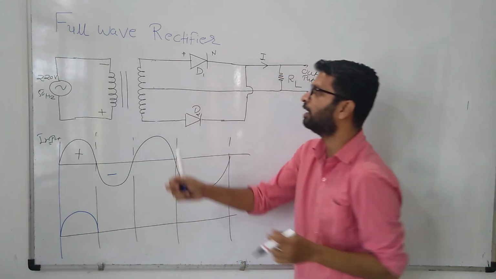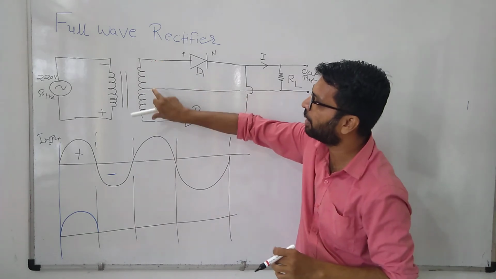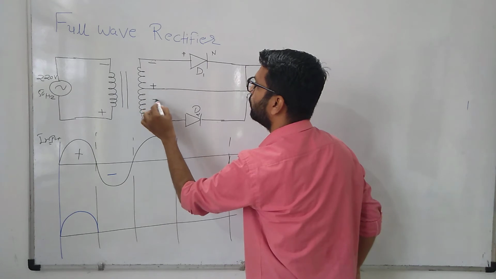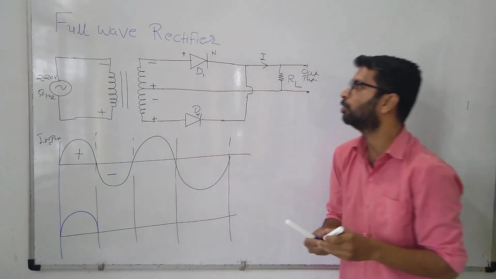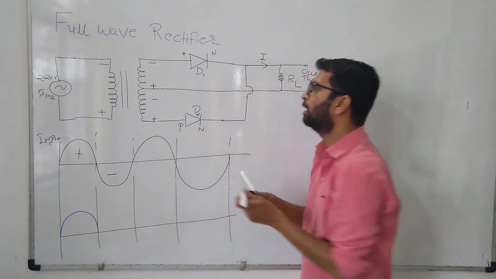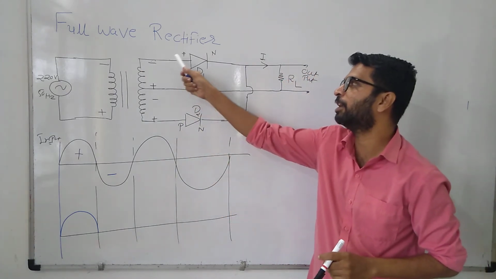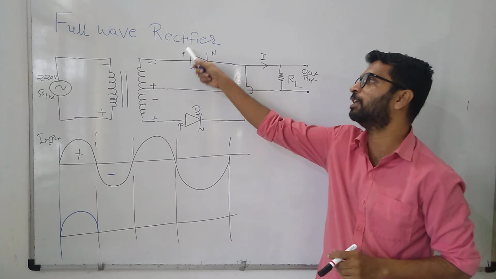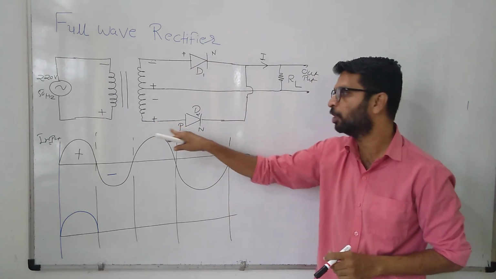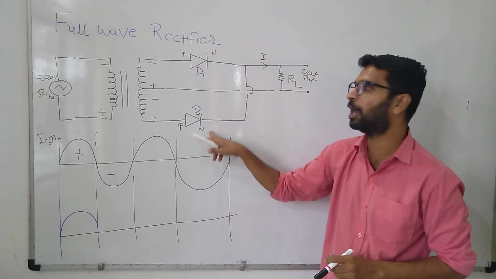Again, as I said, the voltage at this part and at this part will be the same, so it is negative, positive, negative, positive. As you can see, this negative terminal is connected to the P side, so diode D1 is in reverse bias, and positive is connected to P, so diode D2 is in forward bias.